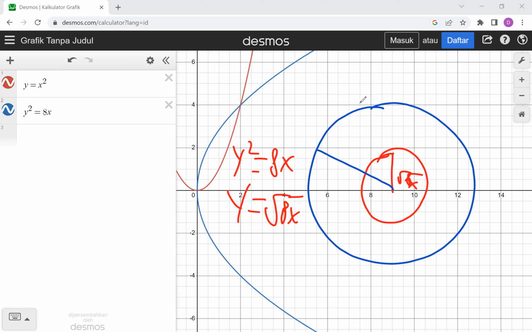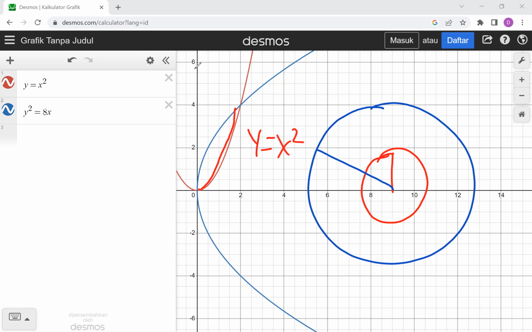Oh, sorry, the other way around. I made a mistake. This is the graph of y equals x squared, so the smaller one is x squared, and the bigger one is square root of 8x.